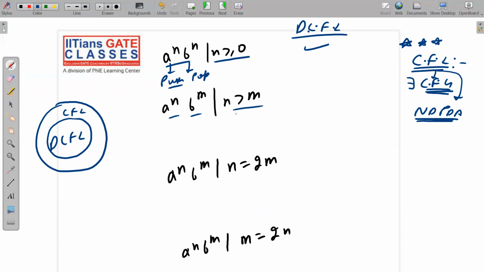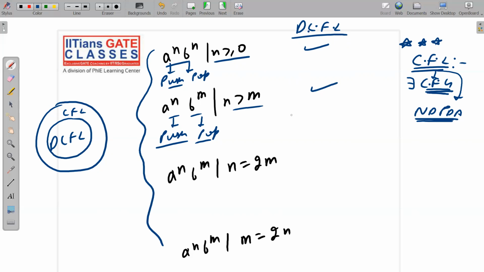A power n, B power m, n is greater than m. Again, very, very simple. You do push, and here you do pop. I have already designed DPDA for all these questions, so you should be able to say directly that all these are DCFL, but I am revising the concepts.